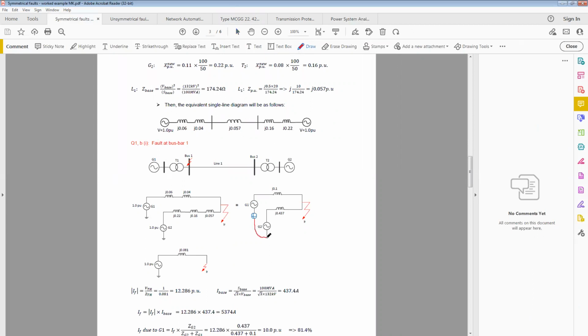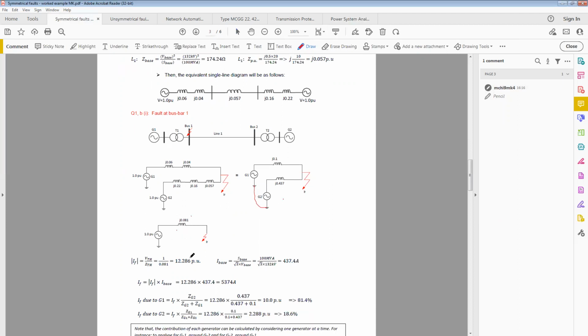And then since this is shunted, we can connect this so that these two will be in parallel circuit. Then we can use the parallel formula, product divided by sum, so that we'll have this value. And then from that, we can calculate the fault current, which is IF equals V Thevenin divided by the total Z Thevenin.